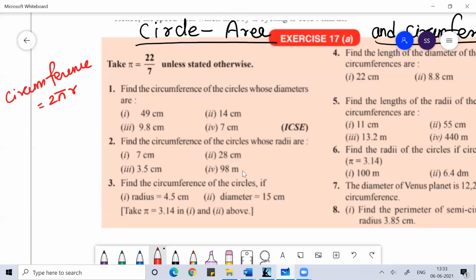You know that diameter is 2 times radius. So in place of 2r, I can write diameter. The same formula of the circumference of a circle will become pi d.